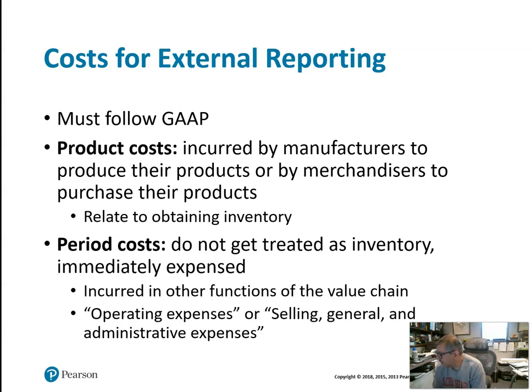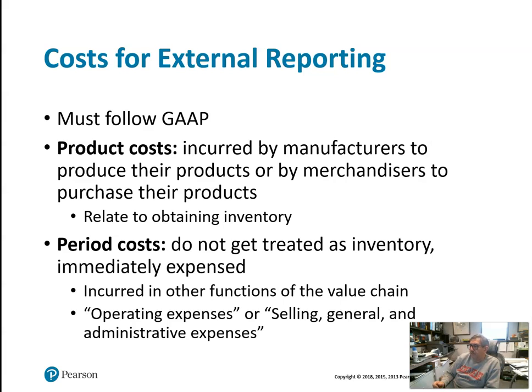All right, so this is kind of where we step back for a second and take a look at how costs were generally looked at under the GAAP scenario. When we were looking at costs in financial accounting, we're looking at costs basically with respect to how we were going to ultimately report them to investors and creditors.